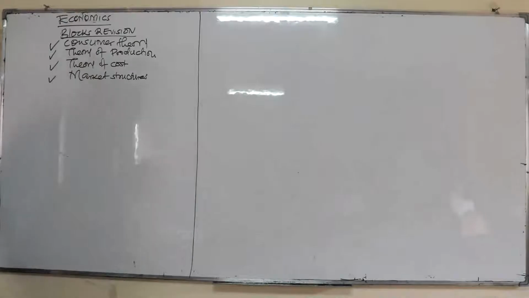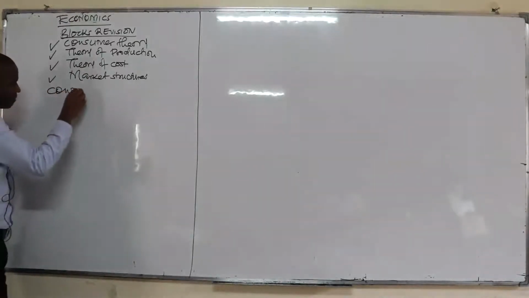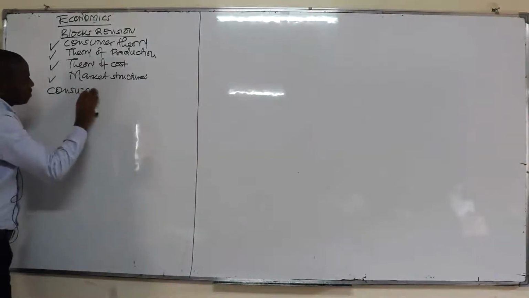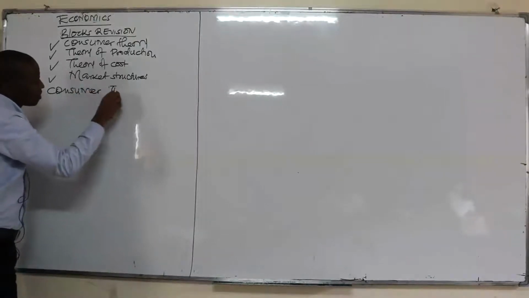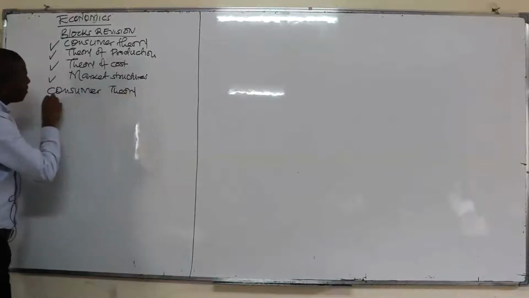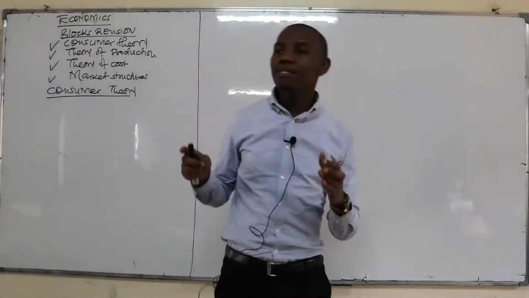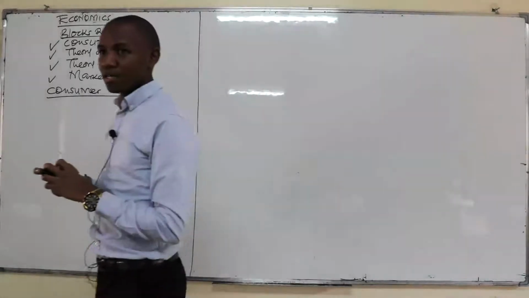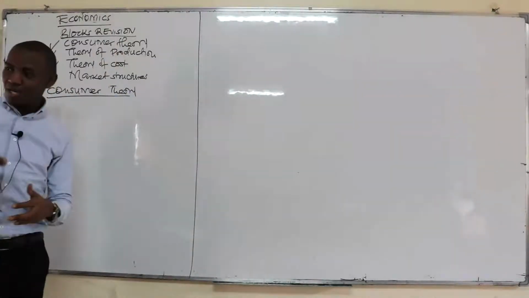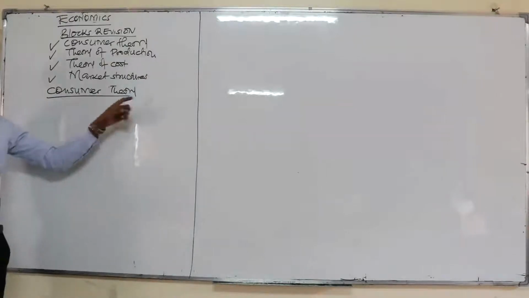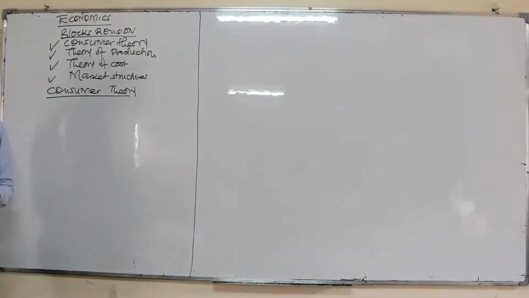Now, we begin with the consumer theory. This is the theory that explains why a consumer spends his income the way he does. Sawa sawa, venye anatumia pesa yake. In that case, this is the theory that explains that.